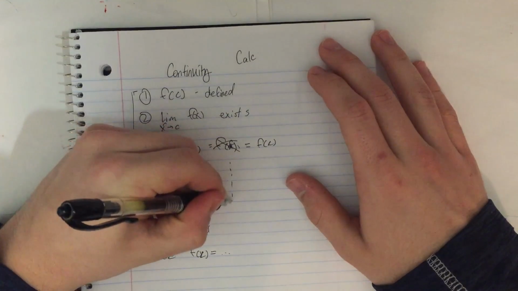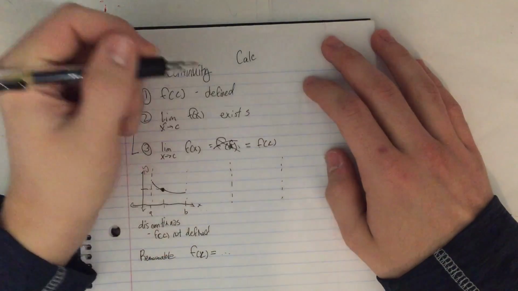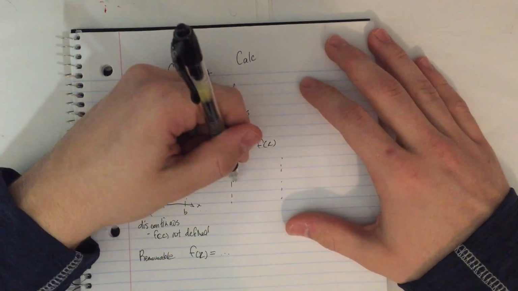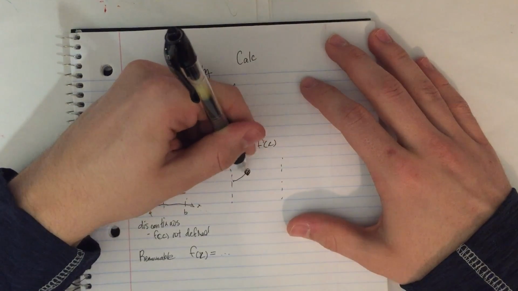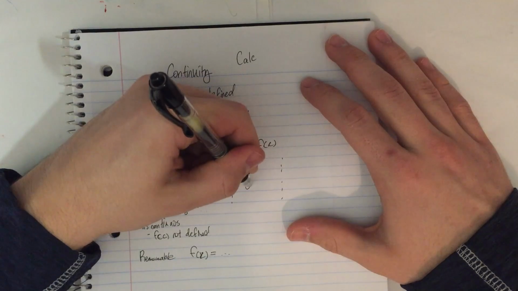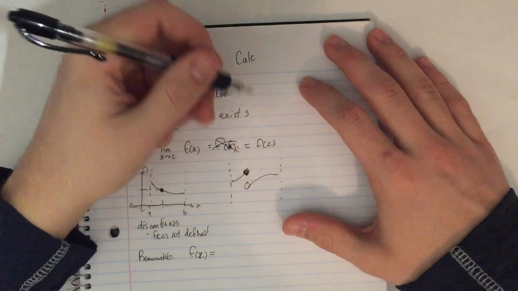Okay, another example, this one is kind of the most important, is this one. So it comes up, there's a dot, it's there, but then the graph continues like that.